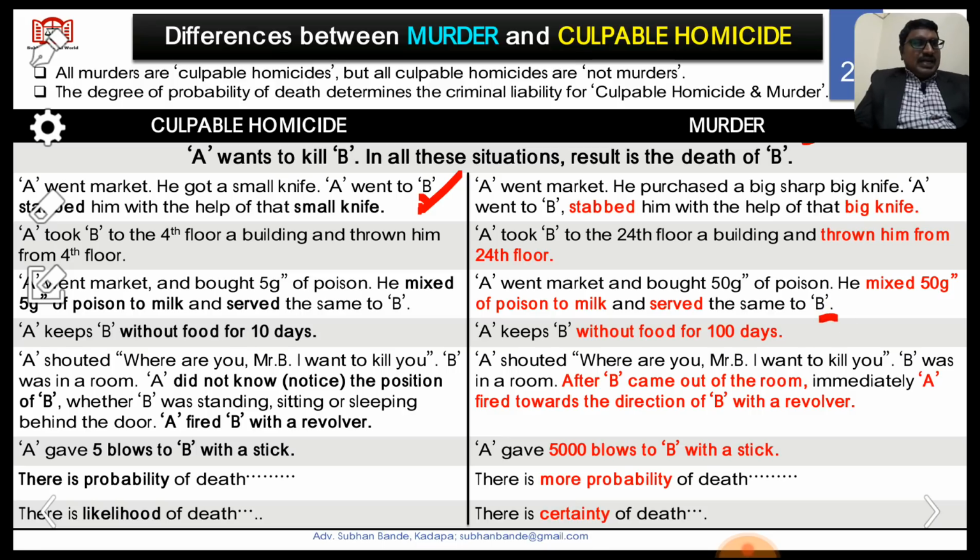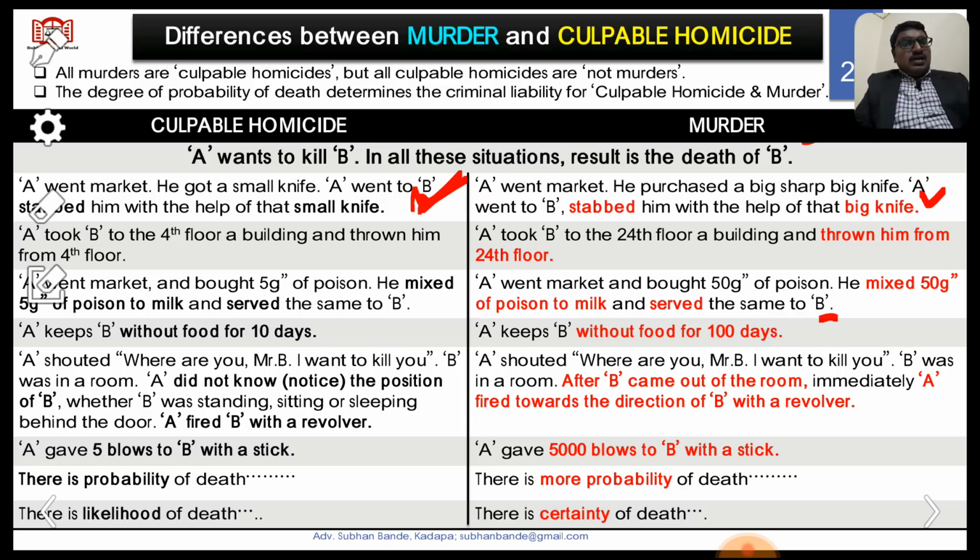A went to B and stabbed him with that big sharp knife. In both cases, A wants to kill B and the ultimate result is the death of Mr. B. In one situation A purchases a small knife; in the other, A purchased a big sharp knife.